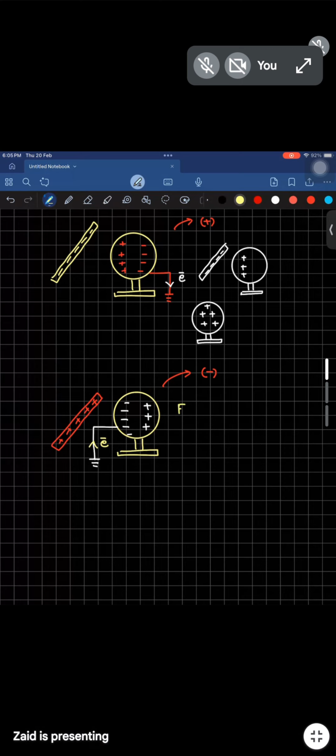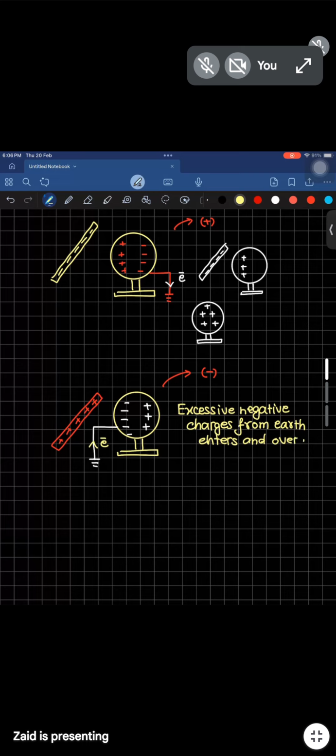excessive negative charges from Earth enters the sphere, and overall charge on the sphere is negative.